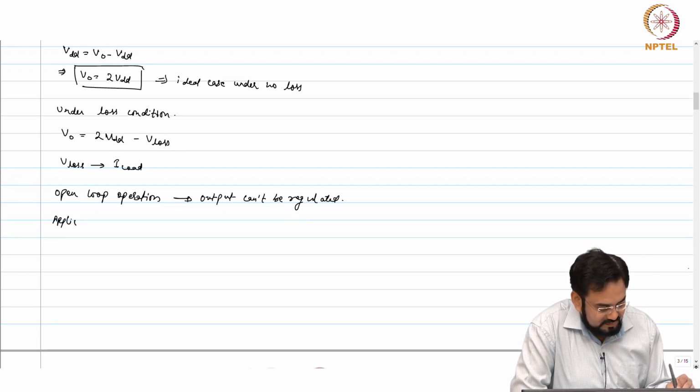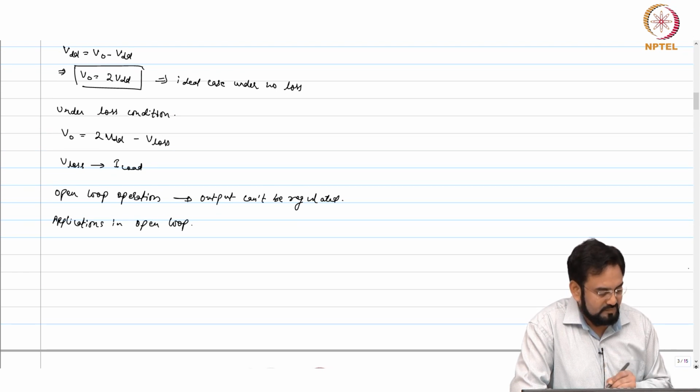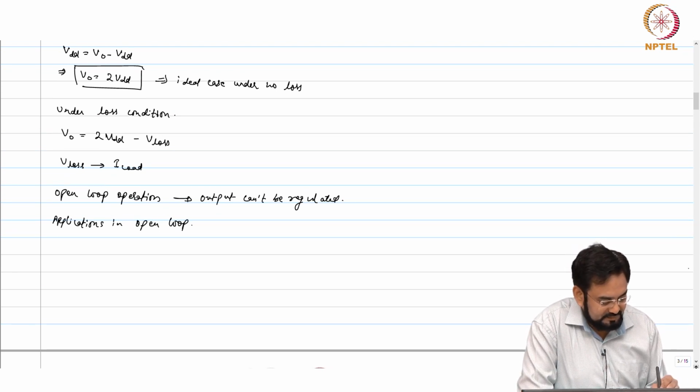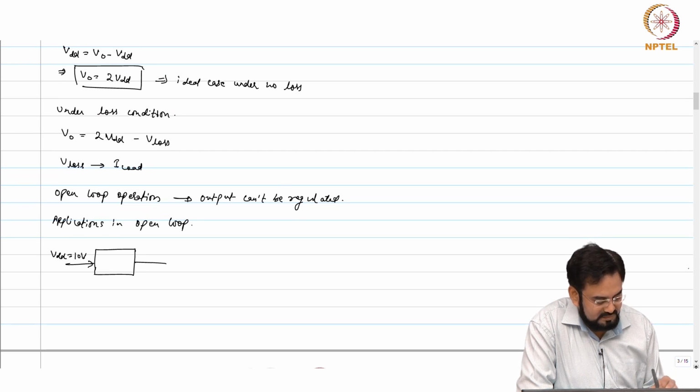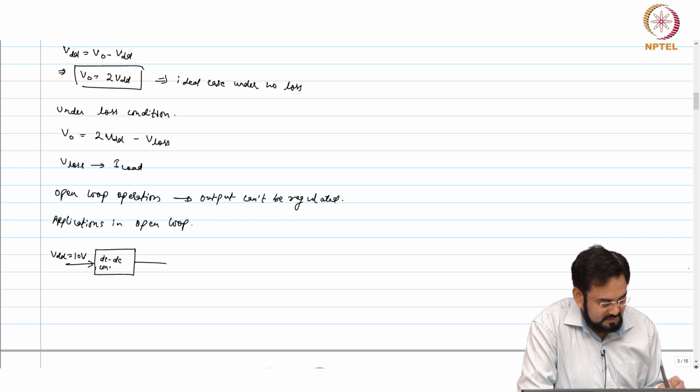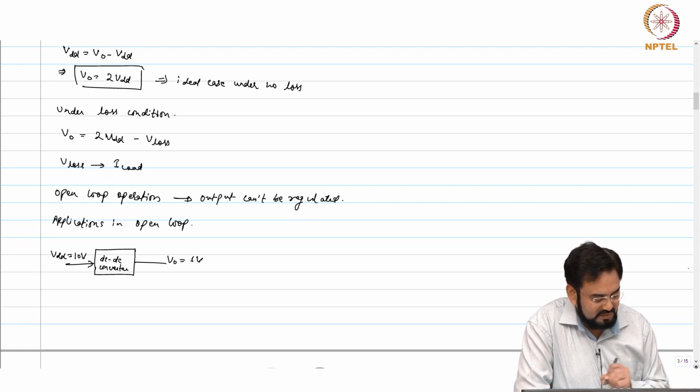So let's say VDD equal to 10 volt, and this is your DC to DC, V out equal to 1 volt.